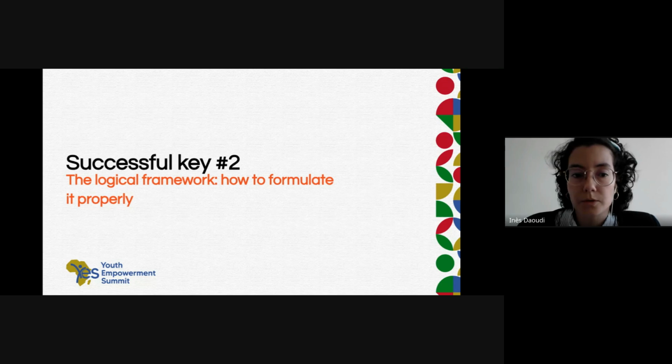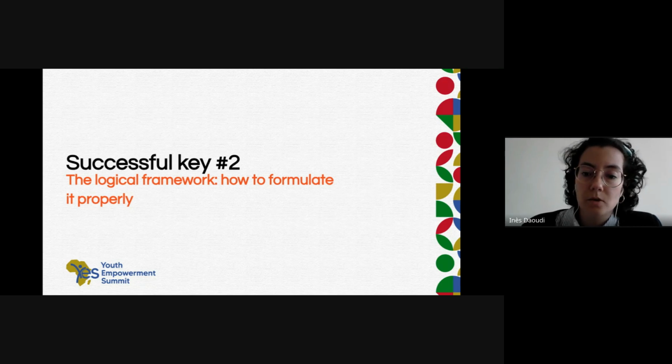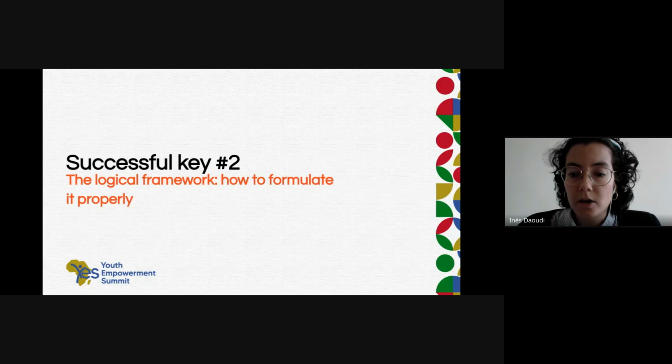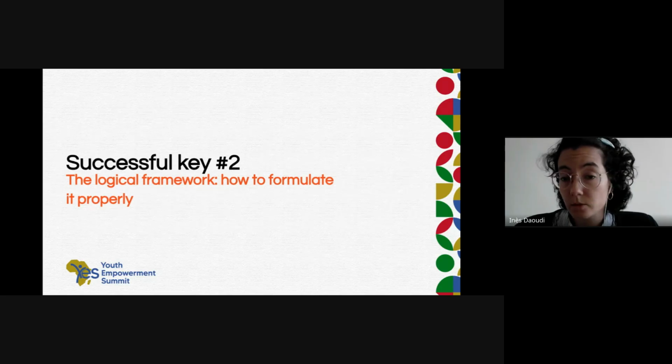It provides a structure for defining project objectives, to identify results, and also to plan the necessary activities to achieve those results, to establish monitoring and evaluation systems. So it is very important to focus on the logical framework, especially as it is a way of convincing your donor.